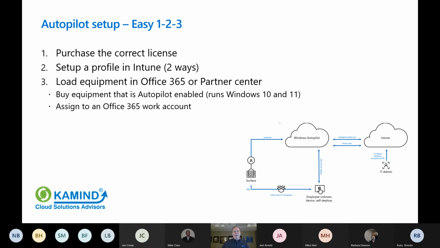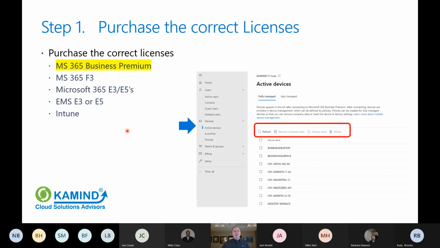There's nothing else. And the key thing you want to do, especially with all the changes happening right now, is make sure that everything you buy is compatible, that it runs Windows 11, and that it has the right TPM chipset and the right security chipset. Now, looking at step one, buying the licenses. I mentioned this a little earlier. Business Premium is a very popular one for small business below 300 users.